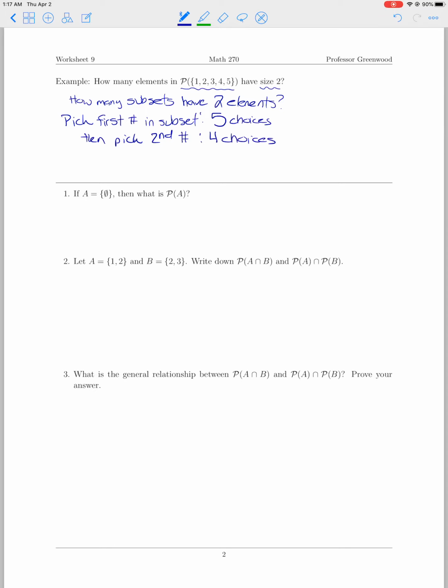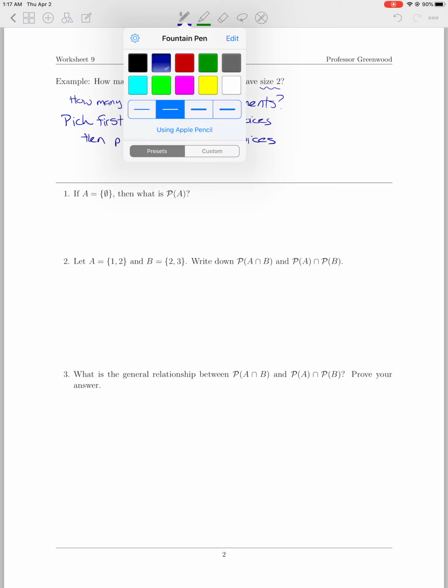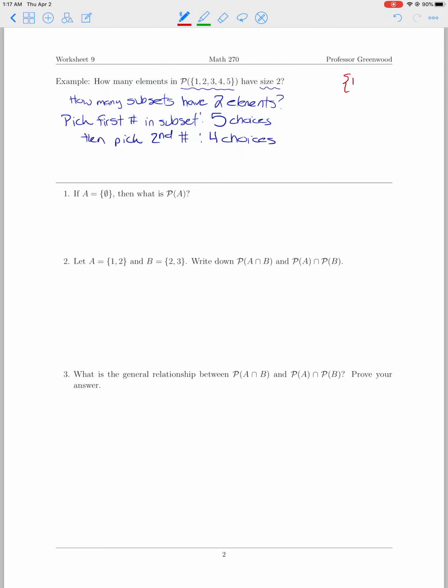There's a tiny issue with this algorithm so far, which is that if I consider, for example, the subset 1, 3, then there's 2 ways that I could get it with this algorithm, because I could either pick the 1, then pick the 3, or I could pick the 3, then pick the 1. So I now have to divide by 2 for overcounting.